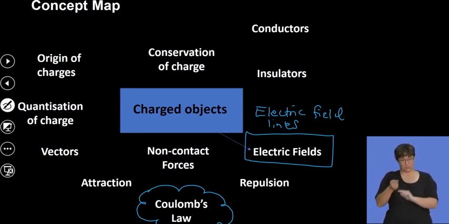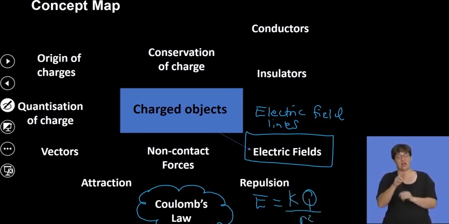But it is purely based on Coulomb's law: the electric field at that point, due to a charge that creates the field, is equal to Coulomb's constant multiplied by the charge that creates the field, divided by the square of the distance, right?